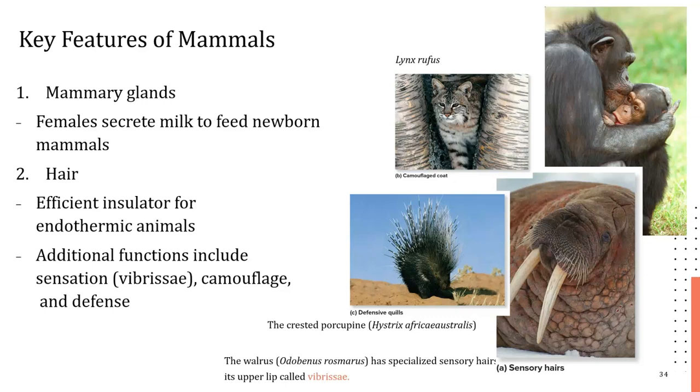At this point, I always get the question about some birds producing what we call crop milk. This is not the same thing. If you've never heard of crop milk, there are a few birds, including pigeons and doves, that have this substance that they secrete and regurgitate up for their babies. So the crop is a structure that's present in some birds.